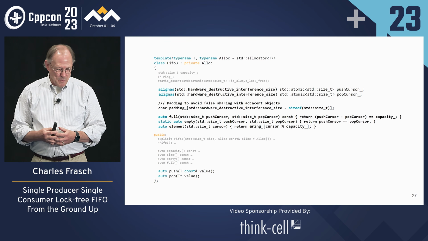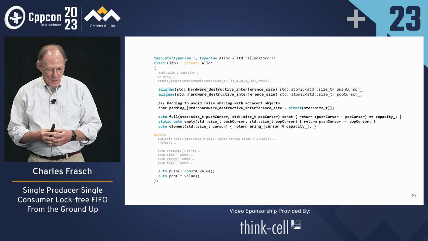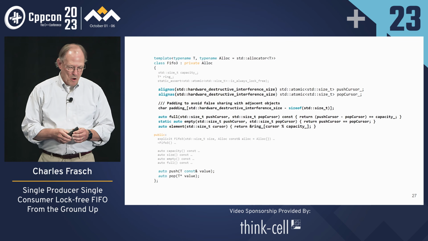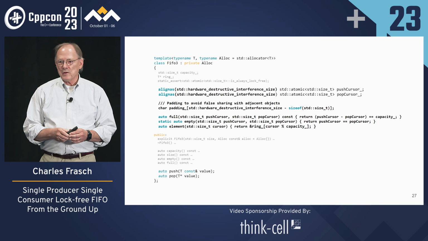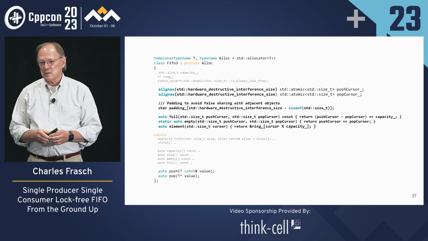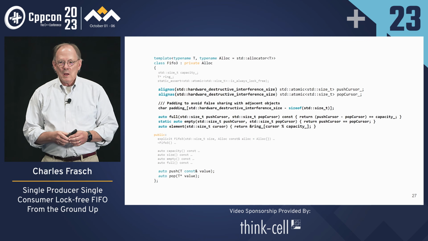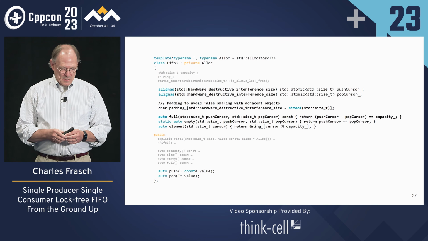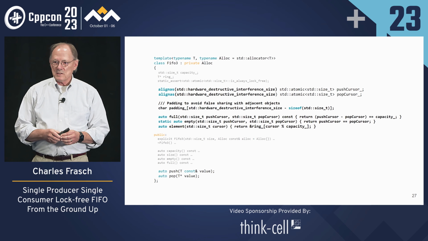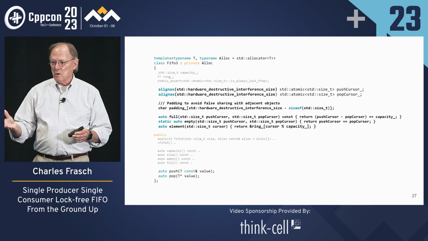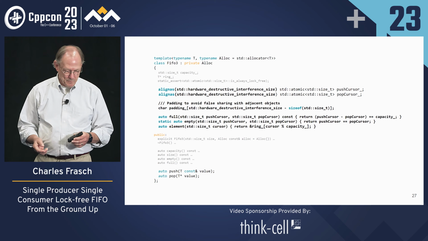Anyways, we can fix that by aligning our cursors. And we spell that as std::hardware_destructive_interference_size, which is the C++20 feature, and it's just a constant, and it evaluates to 64, which puts each cursor on its very own cache line.